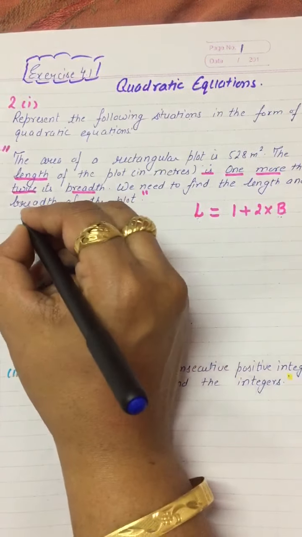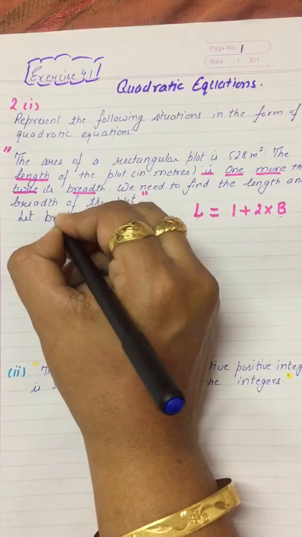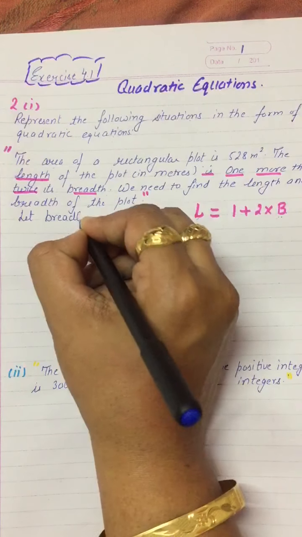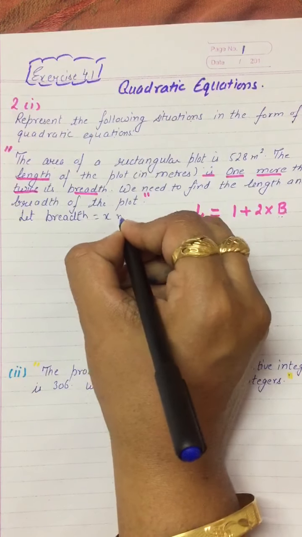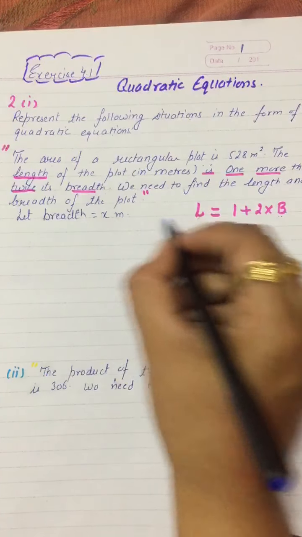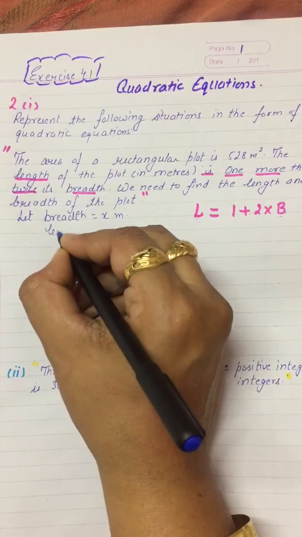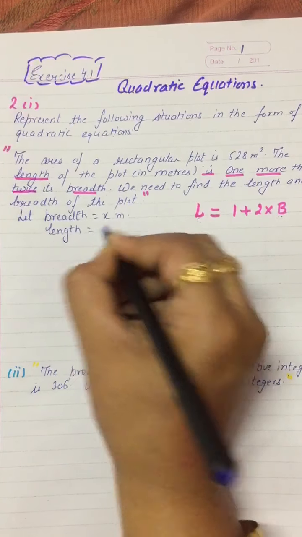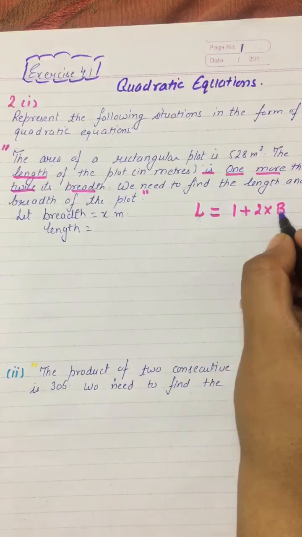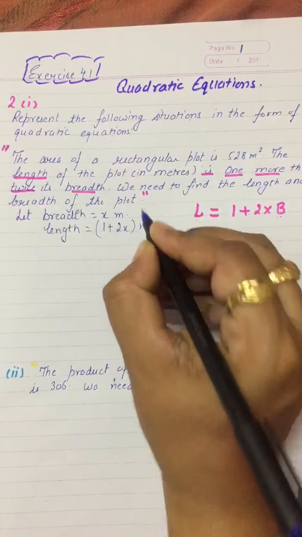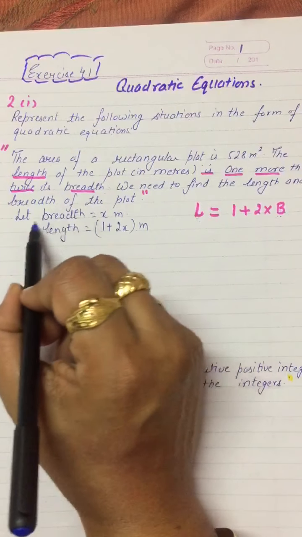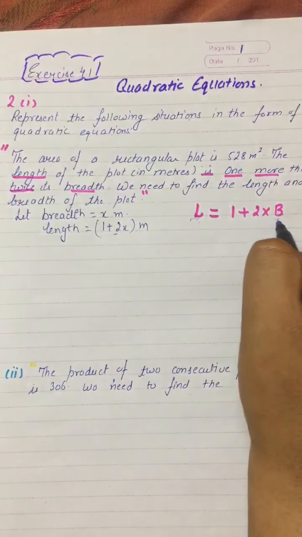So I will assume, let breadth be equal to x meters. And what will be the length according to that? If we substitute that value, length is equal to 1 plus 2 into x, that will be 1 plus 2x meters.